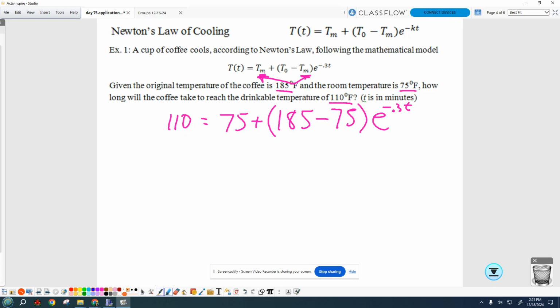Group 2, what now? Anything else? And then subtract the 75.